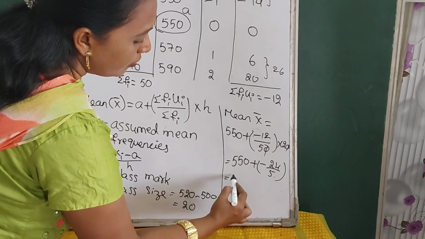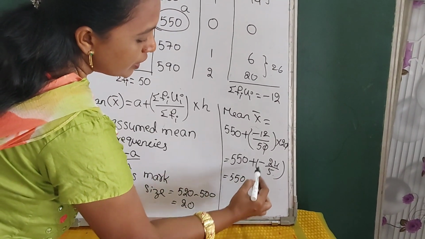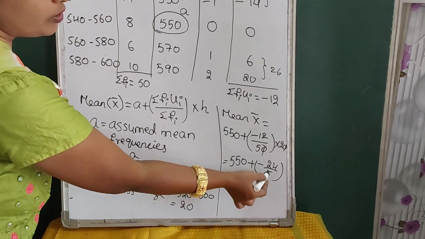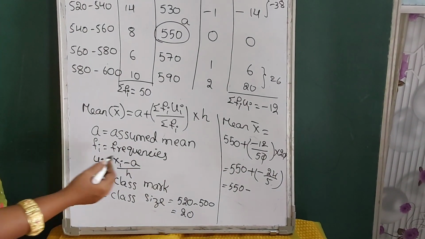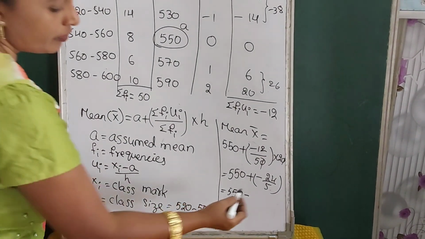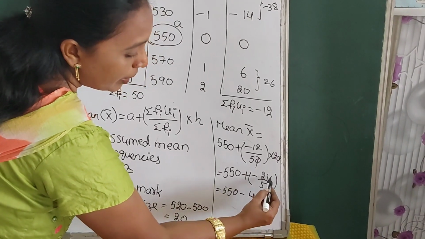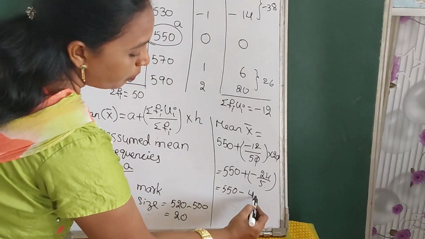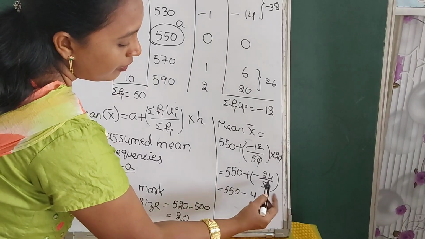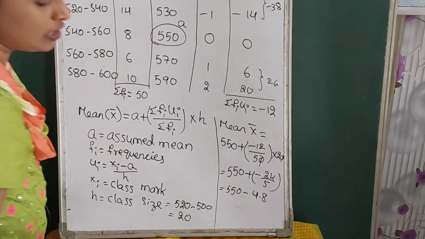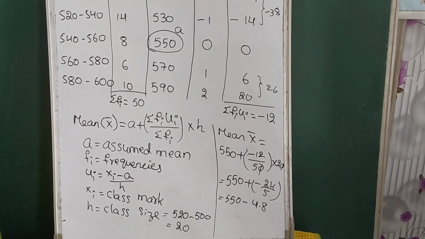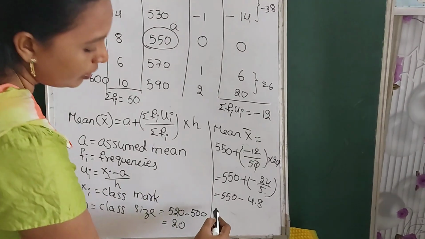That will be equal to 550 plus into minus, minus. Now do this division. 24 divided by 5. That means 5 fours 20. So 4, remaining is 4, but 0.40, 40 means 8.